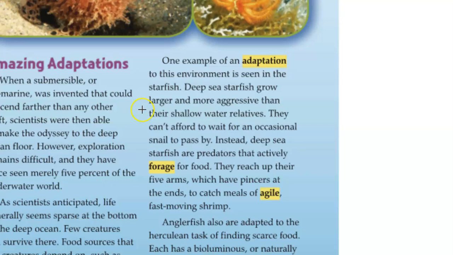Okay? They can't afford to wait for an occasional snail to pass by. Instead, deep sea starfish are predators that actively forage for food. They reach up their 5 arms, which have pinches at the ends, to catch meals of agile, fast-moving shrimp.